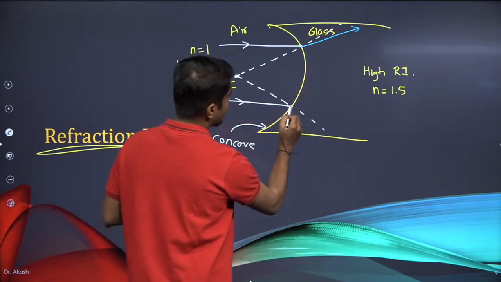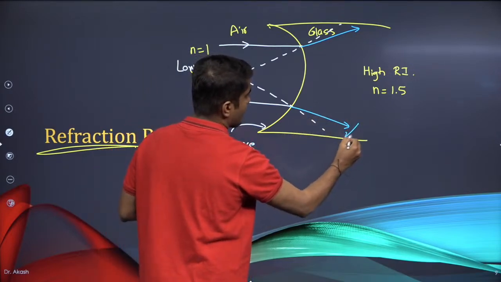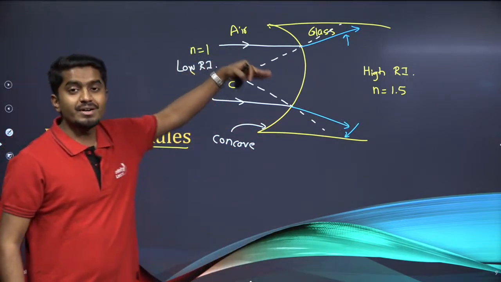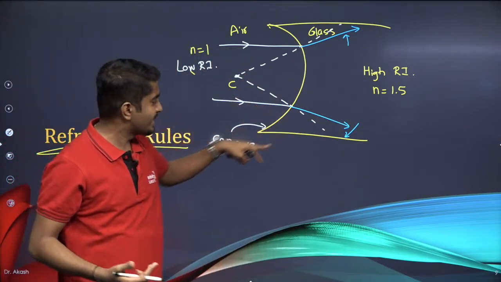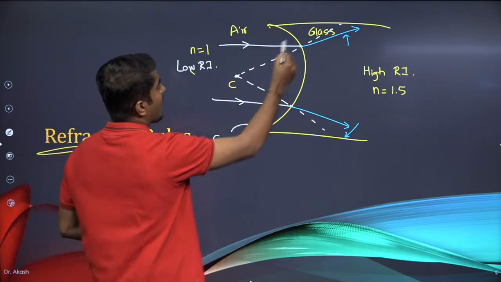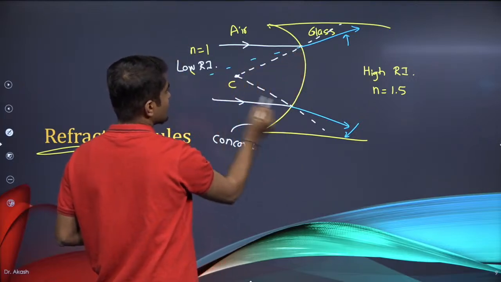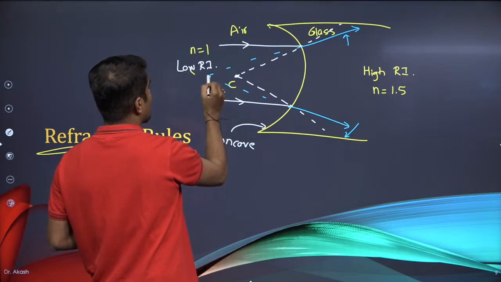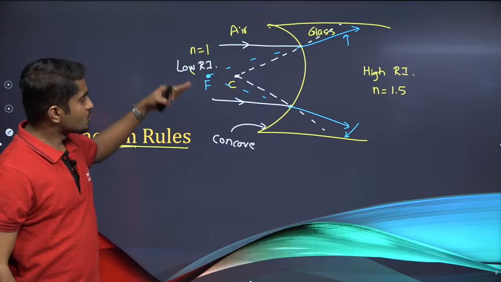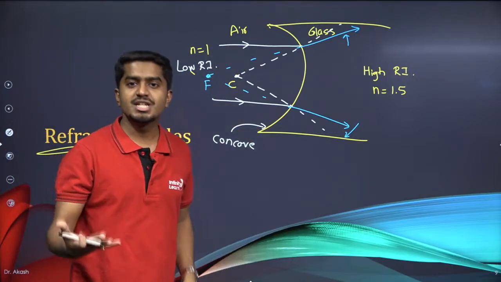Similarly, here this is also going to bend towards the normal. Can you see? They are bending towards the normal. Whenever rays bend towards the normal at a concave surface, they appear to diverge. If you retrace them backwards, they will appear to come out from this point. This would be the focus, right? So a concave surface is a diverging surface.